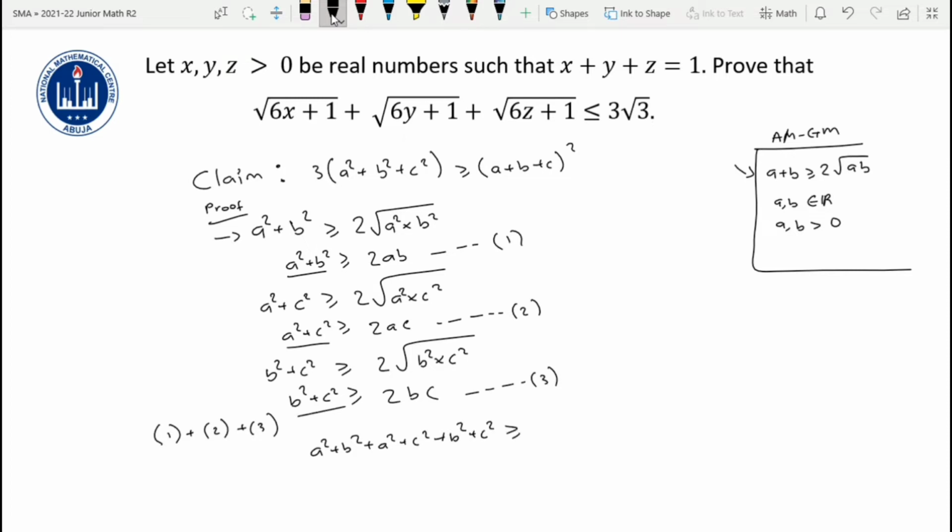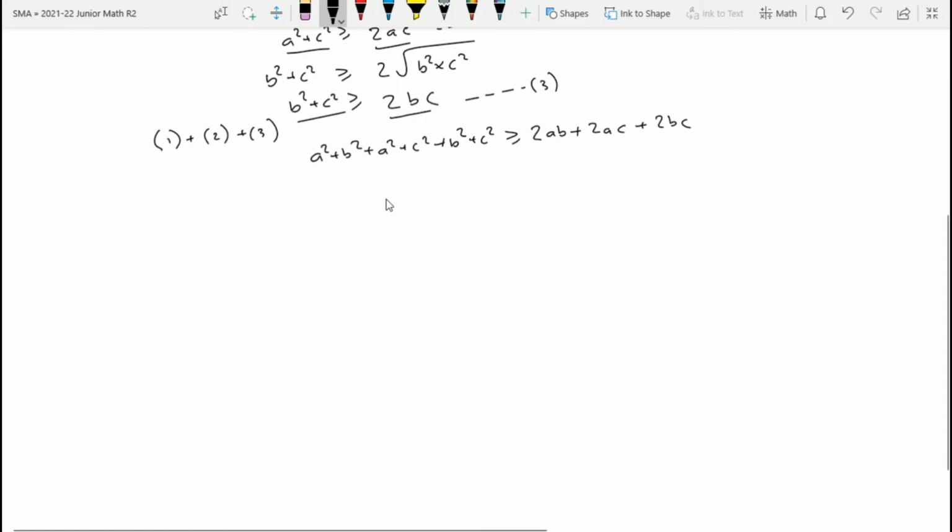And on the right hand side, from 1 we have 2ab, plus 2ac from inequality 2, and plus 2bc from inequality 3. When we simplify this further, we have that 2a squared plus 2b squared plus 2c squared is greater than or equal to 2ab plus 2ac plus 2bc.